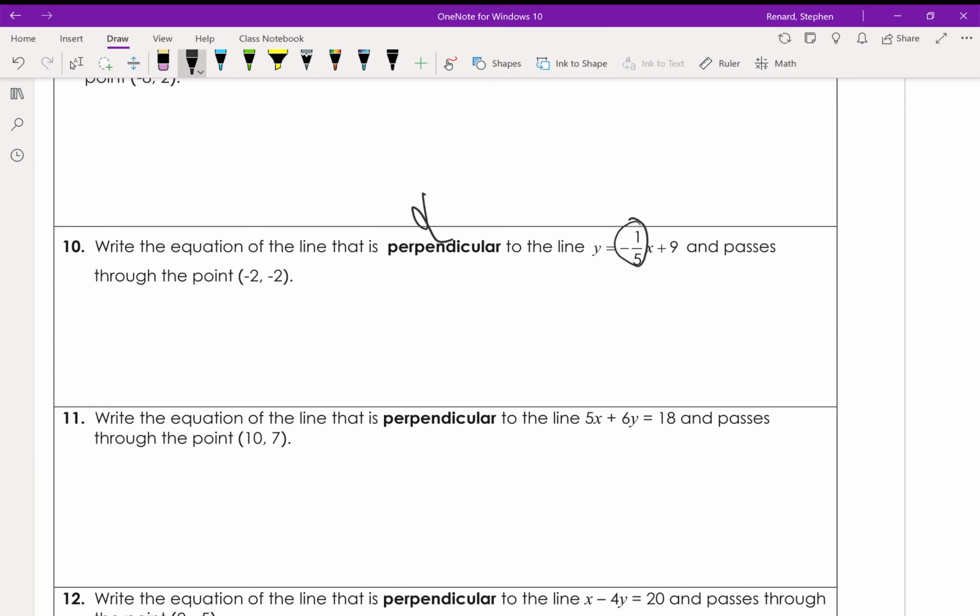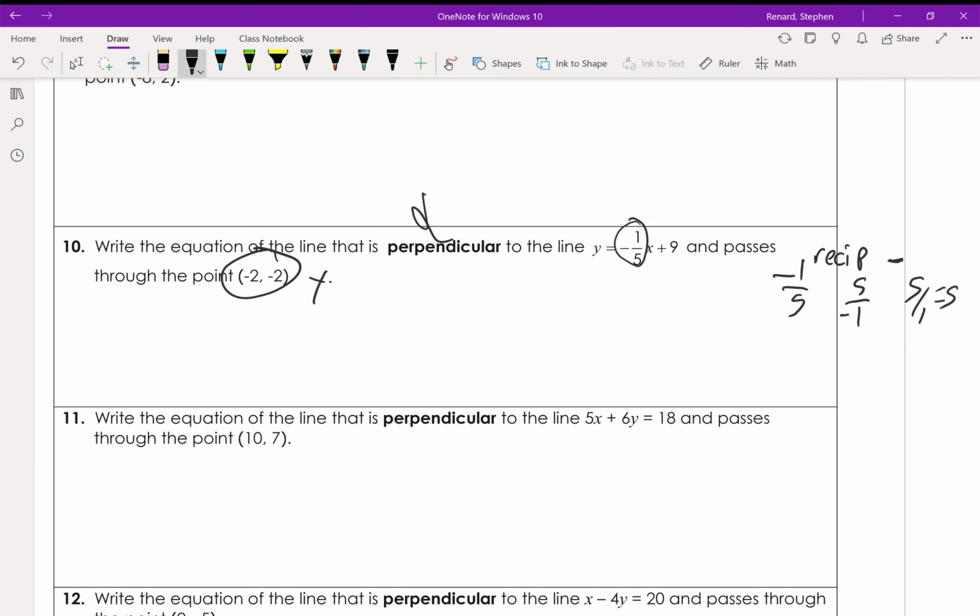So if the slope of this line is negative 1/5, for the slope of the line we're looking for, we find the reciprocal, that's 5 over negative 1, change the sign, and that's 5 over 1, or just 5.